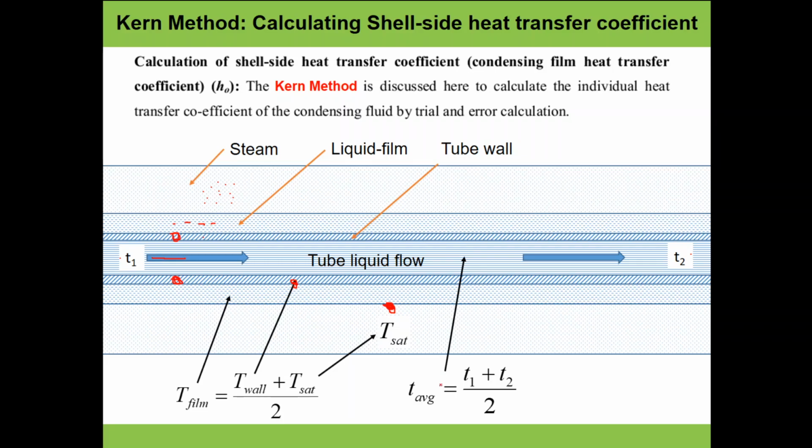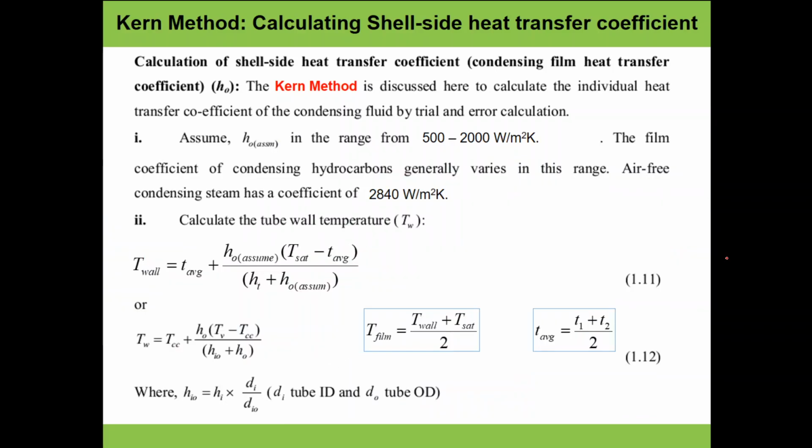So we can calculate the liquid average temperature as (T1 plus T2) over 2. The film temperature is the average of the wall temperature and the steam temperature. After knowing these parameters, we can move forward.